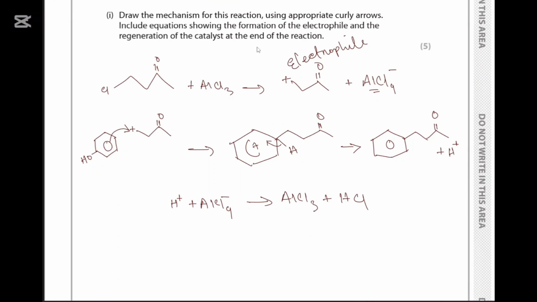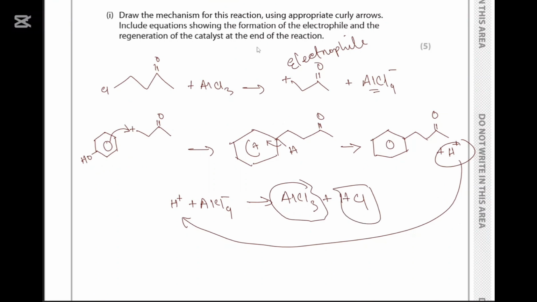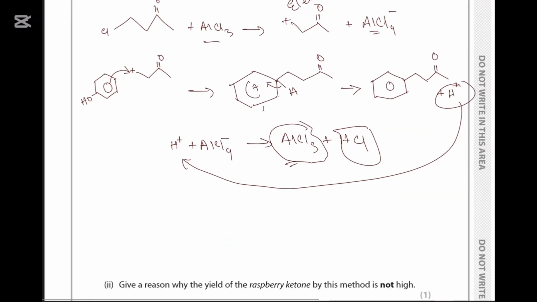This is the intermediate that is formed, and then this hydrogen loses its electrons to restore the pi bonded ring, and H plus is formed. This H plus then reacts with the AlCl4 minus, since it's a negative ion, so the AlCl3 remains and HCl is formed. Since AlCl3 is the catalyst, the initial condition and the final condition are the same, so it goes back to its initial state.